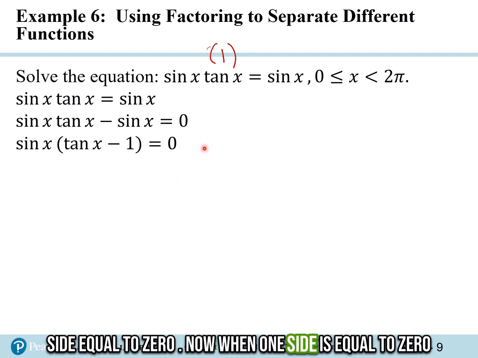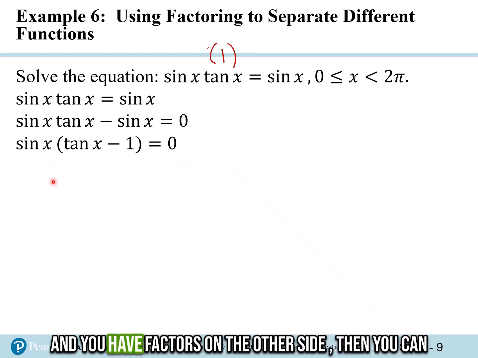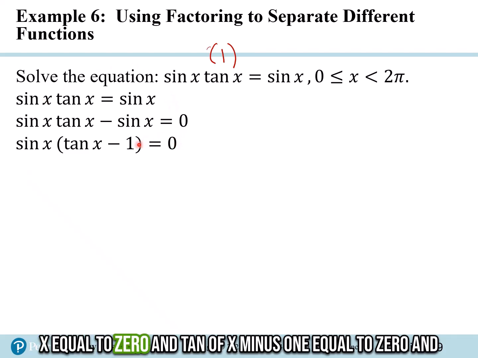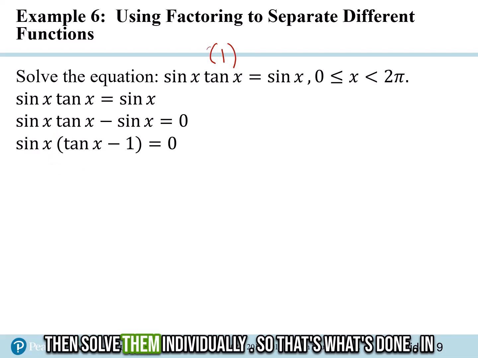Now when one side is equal to 0 and you have factors on the other side, then you can equate each factor to 0. You can end up with sine of x equal to 0 and tan of x minus 1 equal to 0, and then solve them individually.